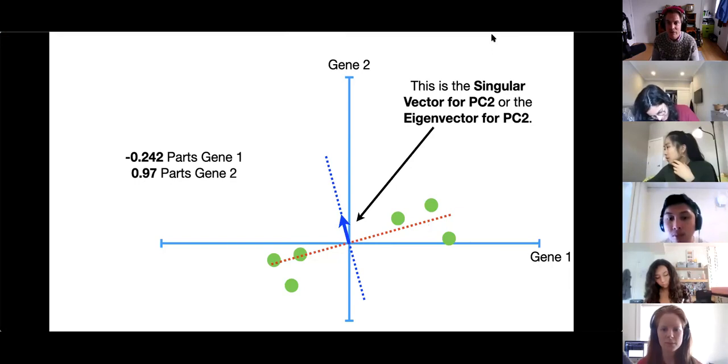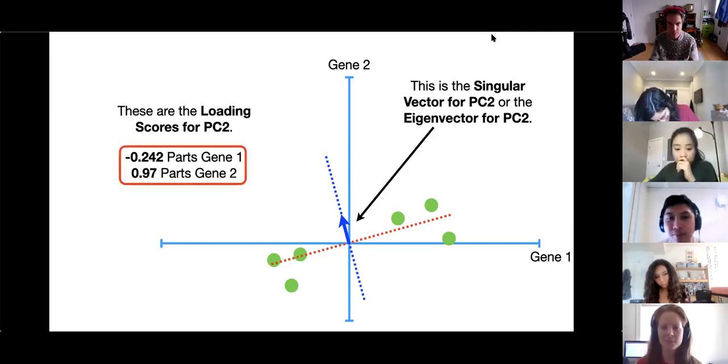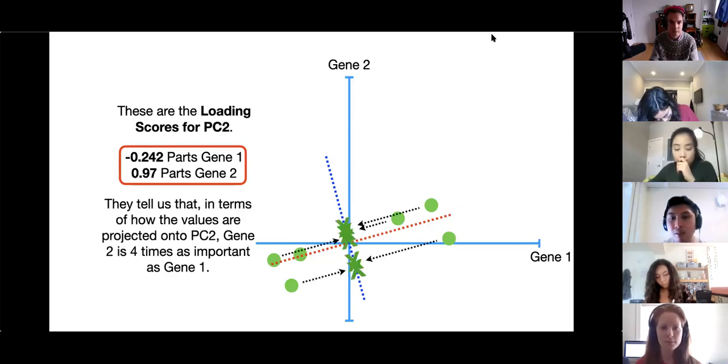This is the singular vector for PC2, and that's also the eigenvector. So the singular vector and the eigenvector are the same. And these are loading scores for PC2. They tell us that in terms of how the values are projected onto PC2, gene 2 is 4 times as important as gene 1.